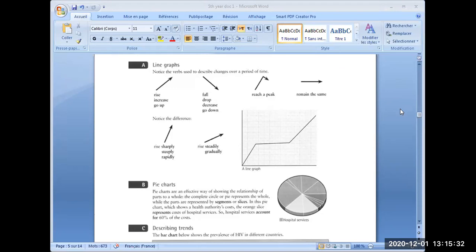So plummet, which means a sharp decline. Yes, it's a sharp drop. Great. Reach a peak. It reaches a peak and then it falls. It can reach a peak, which means at a certain degree, it goes very up and then it changes direction, or it remains steady or the same.